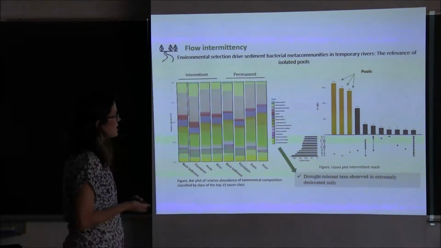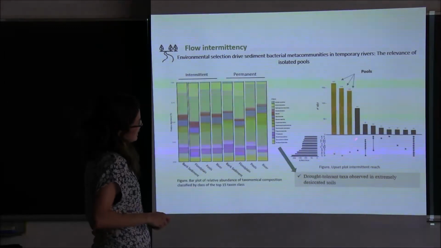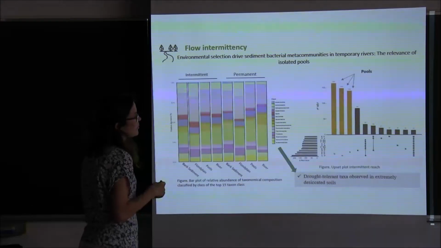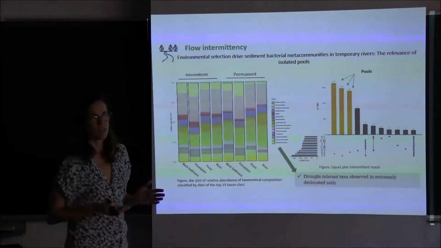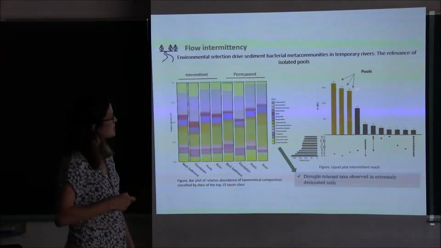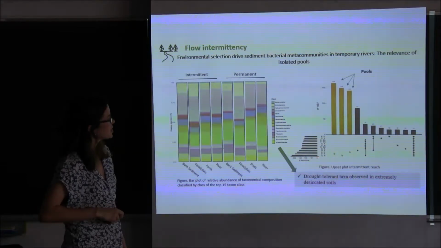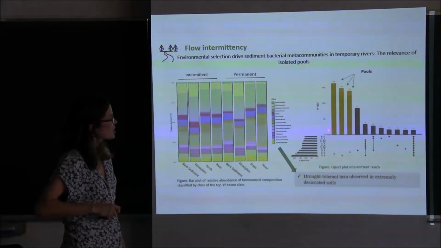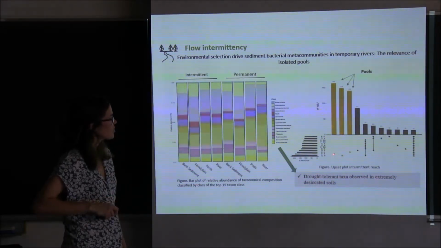And what is interesting here, this is a plot of only the intermittent reach, which means that this part in yellow is the number of taxa that are exclusively observed in pools. It means that these taxa, which are the majority of taxa observed at that site, are only observed in these pools in a period of time, indicating, for instance, 165 taxa that are observed in the pool during fragmentation.